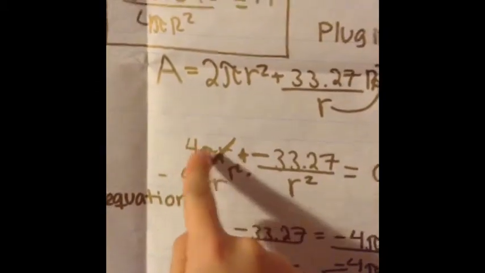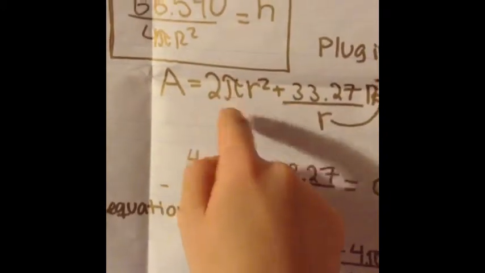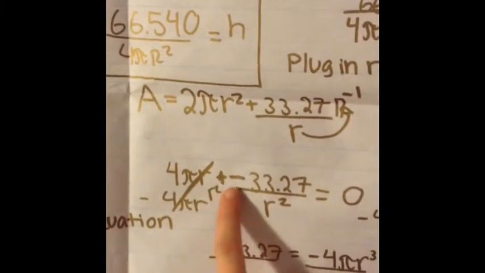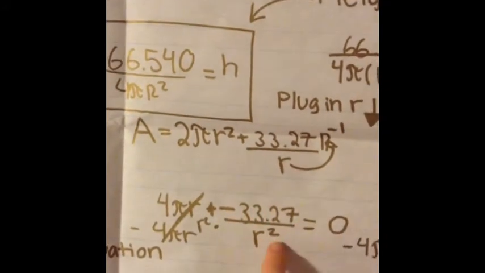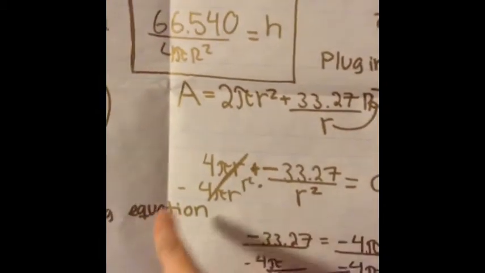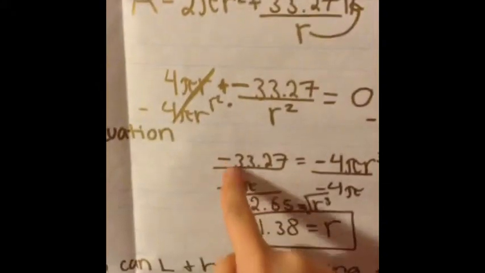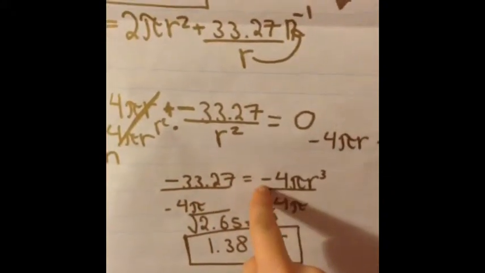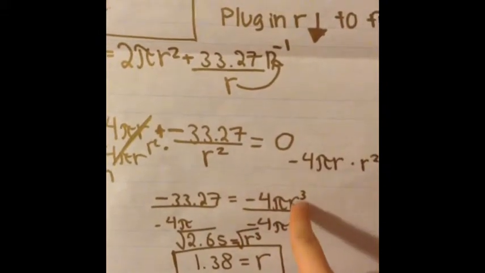And your derivative is going to end up being 4 pi r times 2 minus 1 plus negative 33.27 over r squared, because you had to make that negative, minus 1 makes it -2, move it back to the denominator, and set it equal to 0 because you're still trying to find r by itself. Multiply r squared on both sides, and you're going to end up with negative 33.27 equals negative 4 pi r cubed.